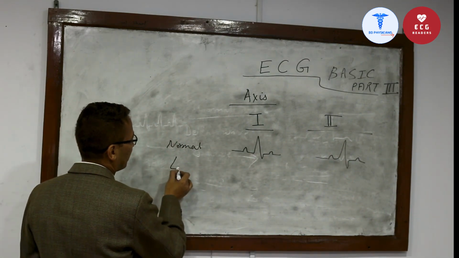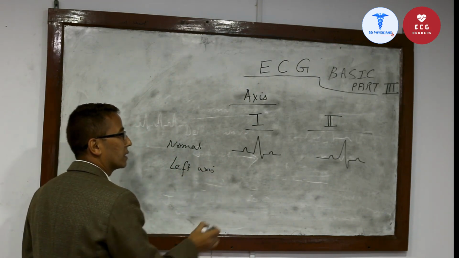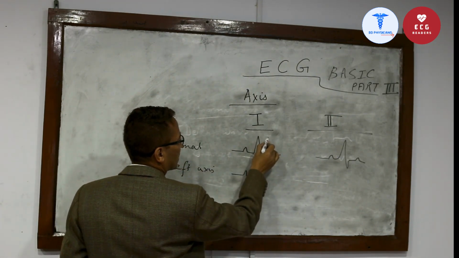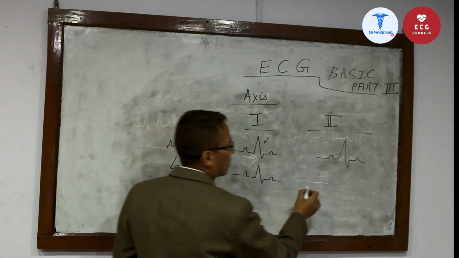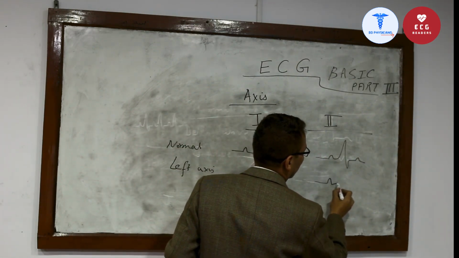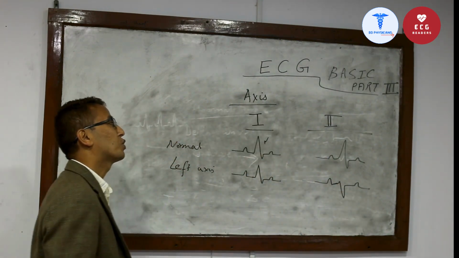If there is left axis deviation, the QRS complex will be positive in lead 1 and negative in lead 2.